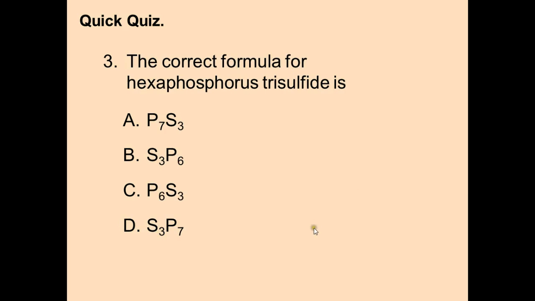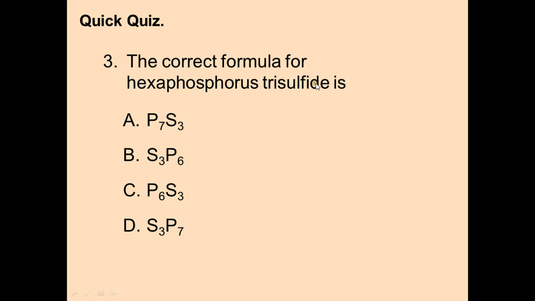And so number 3, the correct formula for hexaphosphorus trisulfide is A, P7S3, B, S3P6, C, P6S3, or D, S3P7.